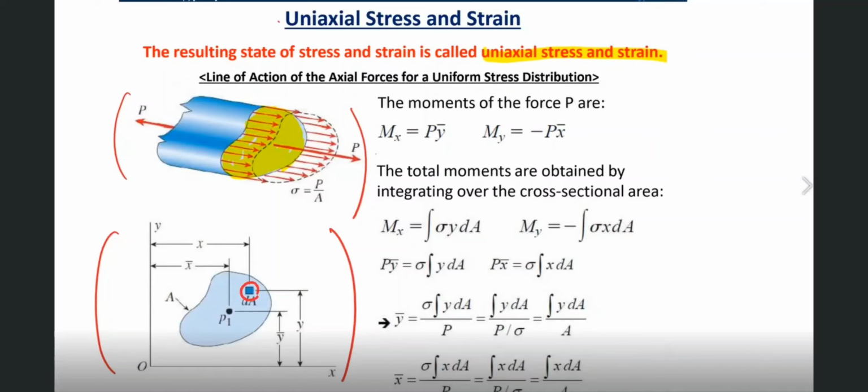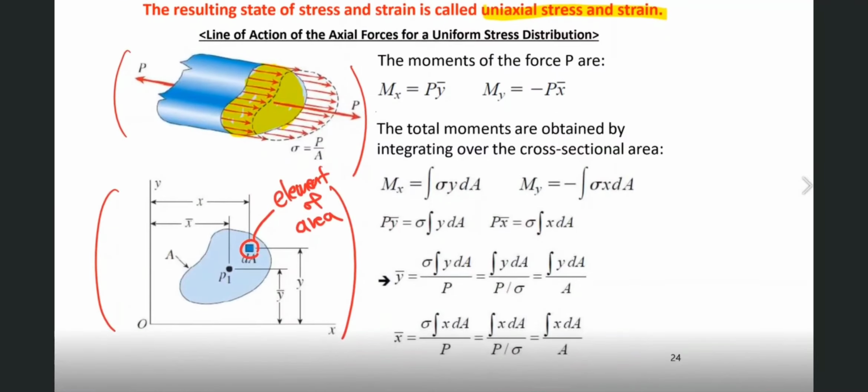So we can consider this specific element of area. Then by reference to this element of area, we can define this whole cross-sectional area.